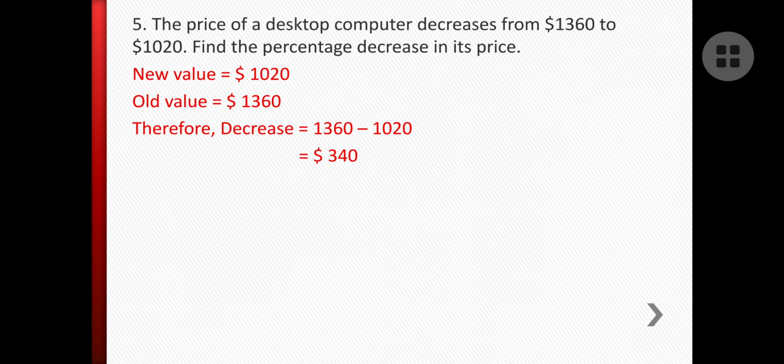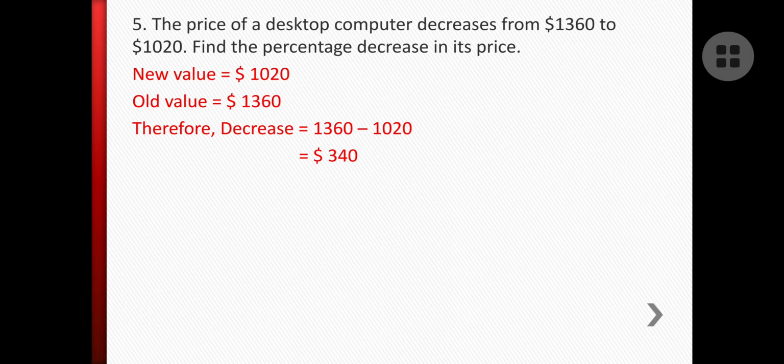Now they have asked you to find the percentage decrease. In the percentage change topic, I told you that you are measuring the percentage change, decrease or increase, with respect to the original value. Remember? So what is the original value? It's the old value. When you compare with the old value, how much percentage is the decrease?